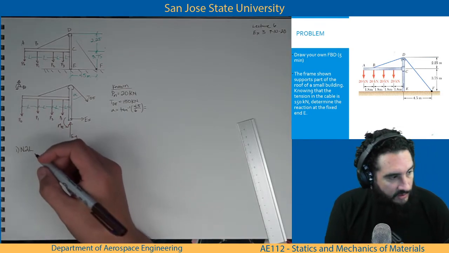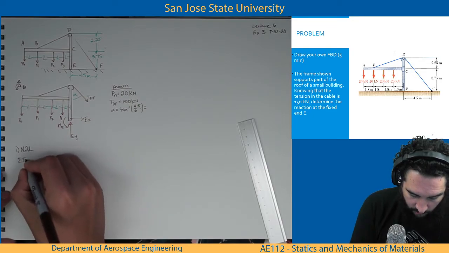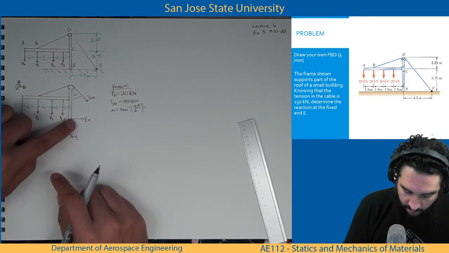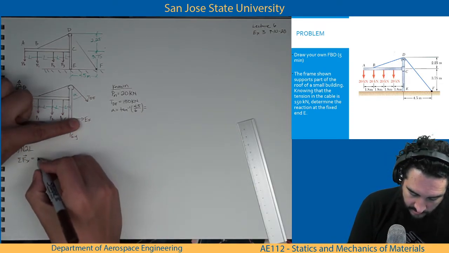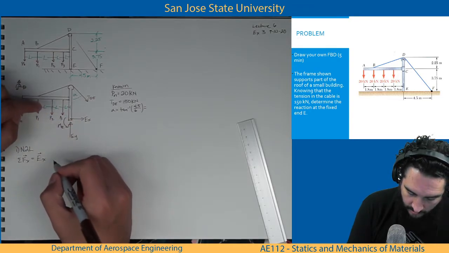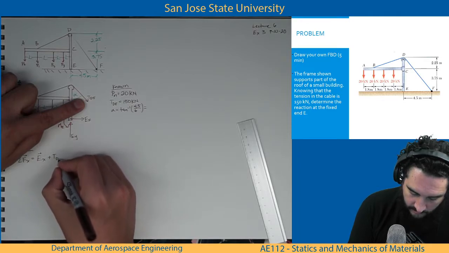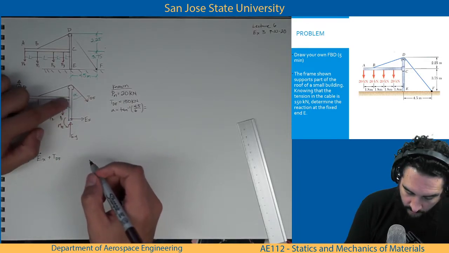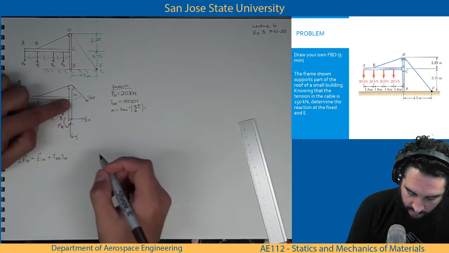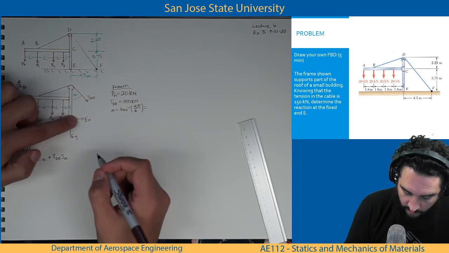And let's sum the forces about X. And then we're going to take up EX. And then we're going to add to that TDF, and we're going to add the sine of alpha to that, resolve it. And that is all of the horizontal components.